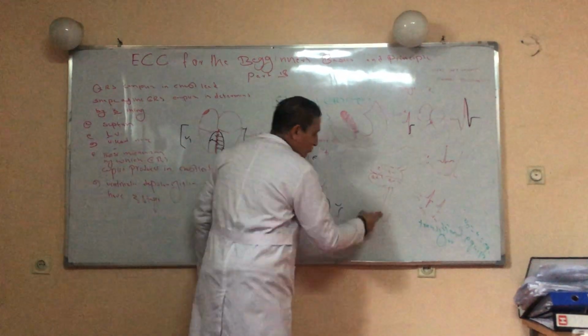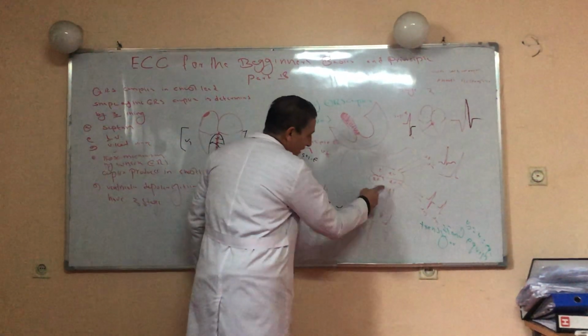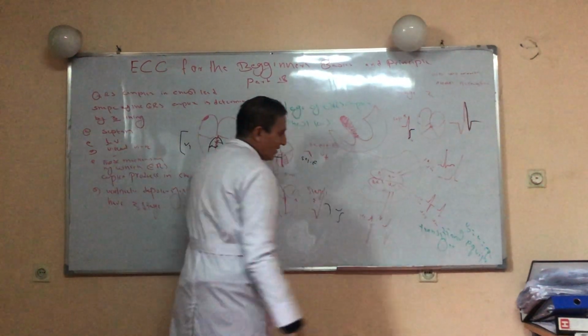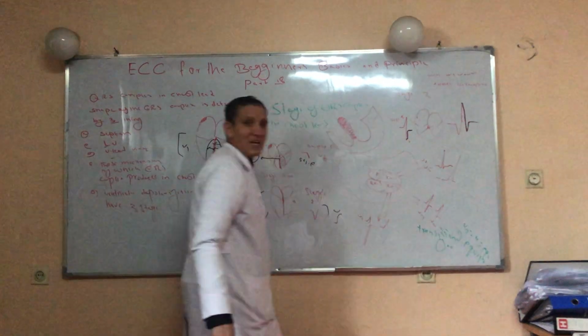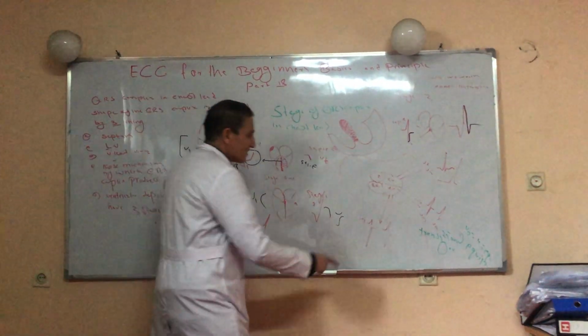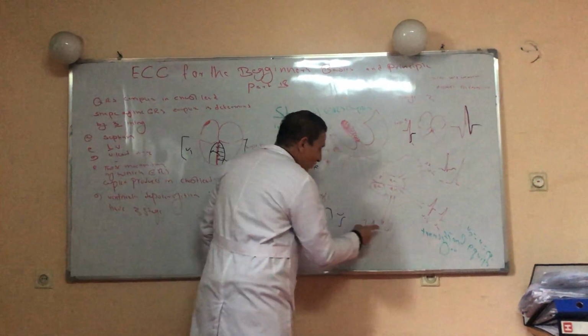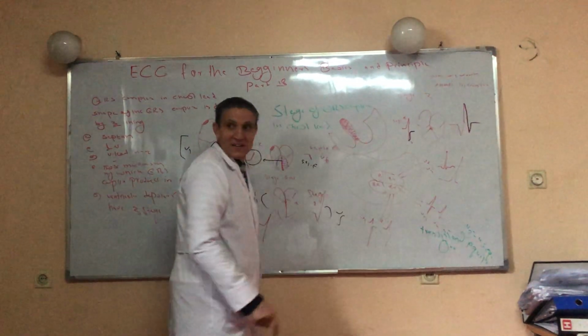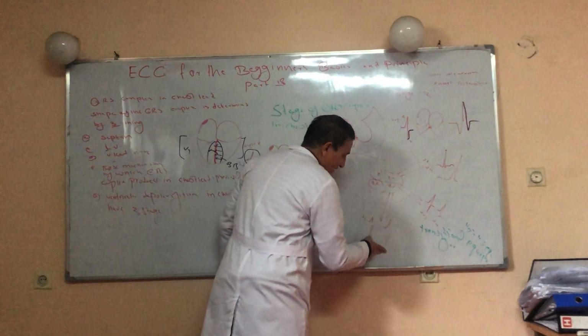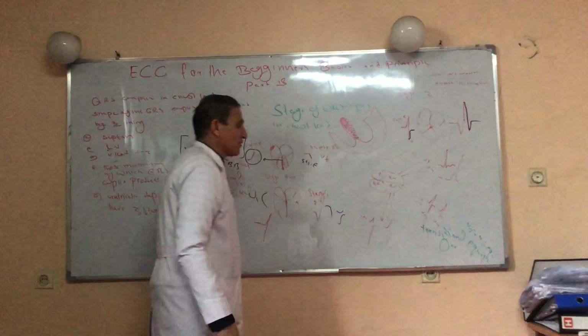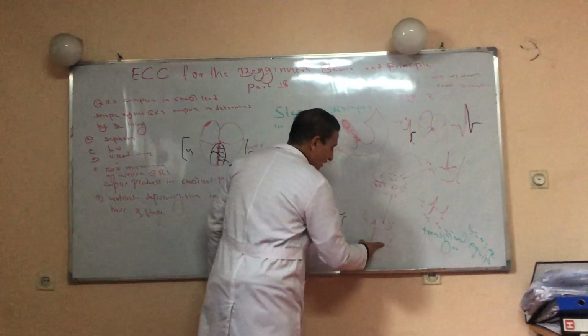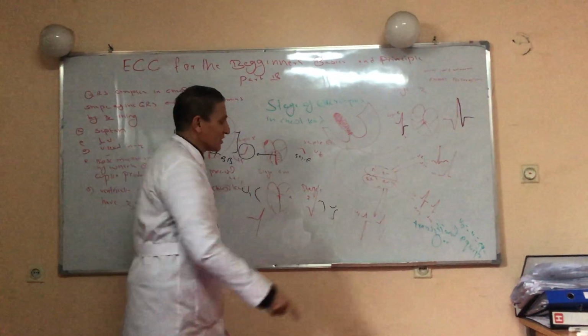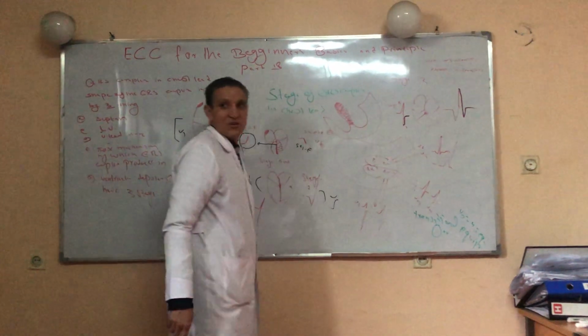From V1 we go to V2. In V2, again, V2 also looks at the right ventricle but provides information about the septum. This is also an R wave, but a little bit higher than the R wave in V1, and the S is larger. So this is also a QRS complex in which the S wave is predominantly negative, also called a negative QRS complex.